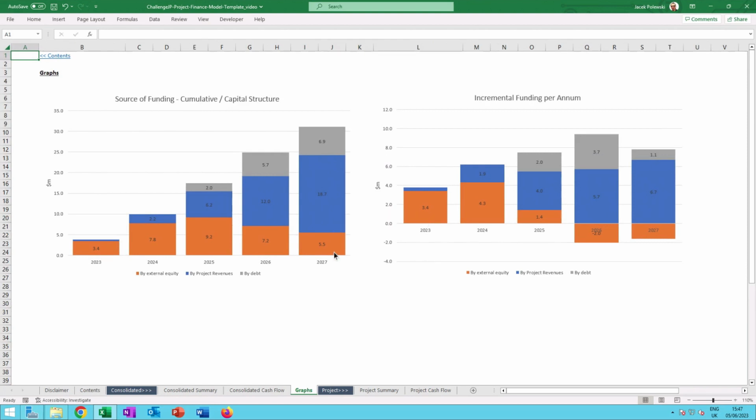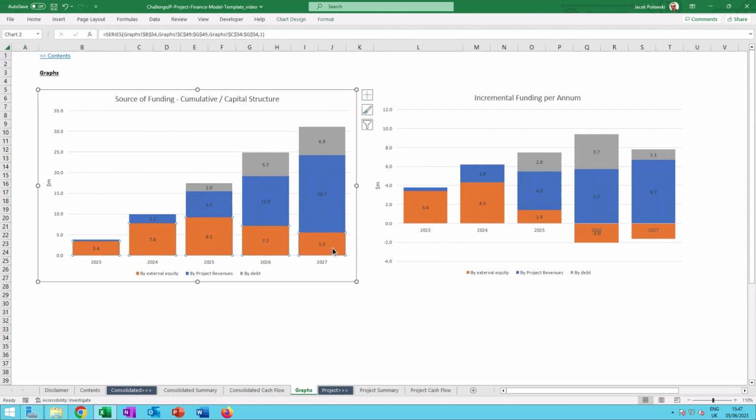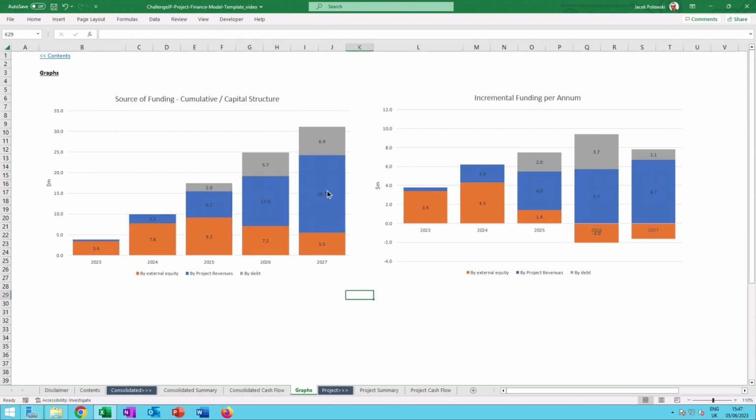Then the equity, so anything that comes from, for example, your investors, and then also project revenues. So that consolidated view assumes that you can use some of the revenues from the earlier projects. You can use that also as a sort of source of financing.